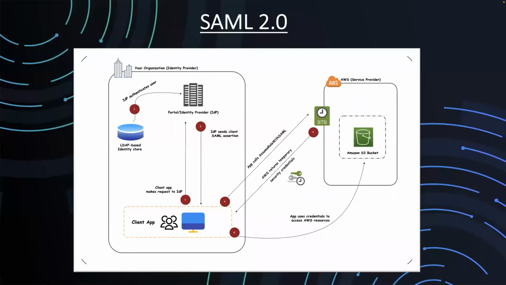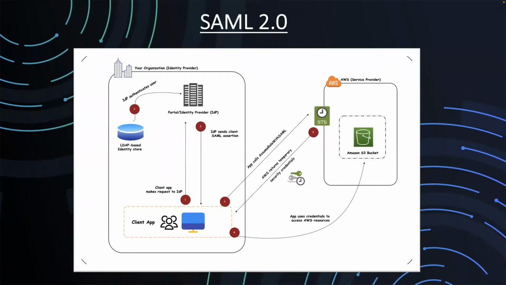So this is the architectural diagram of how exactly SAML 2.0 works, in which the client app first makes a request to the identity provider. The identity provider then authenticates the user and sends a SAML assertion to the client.